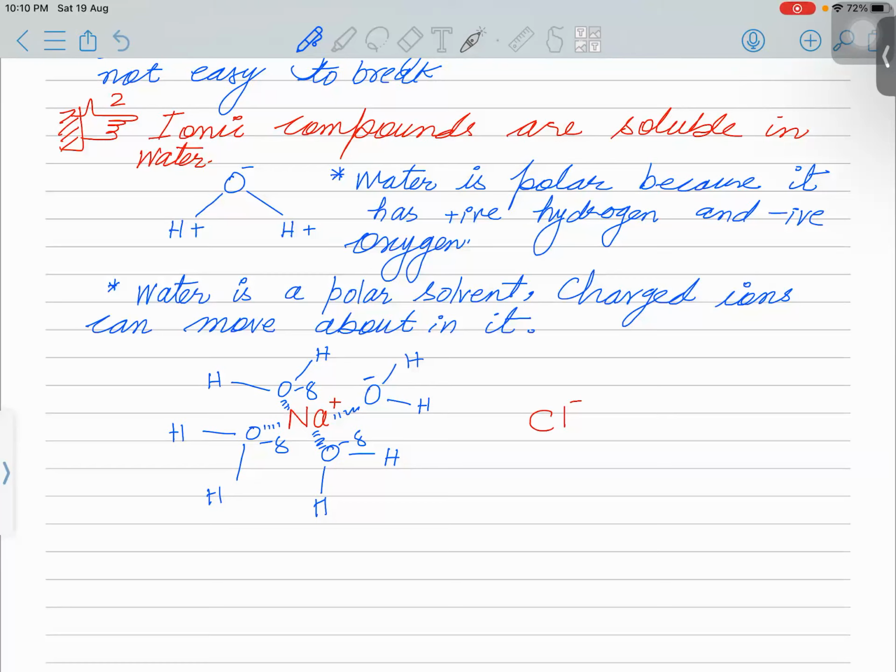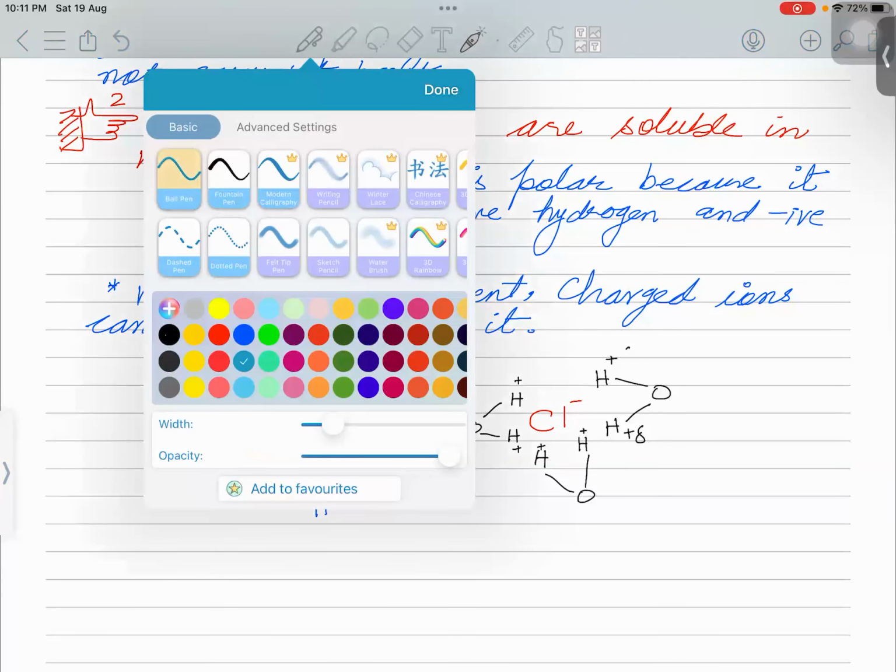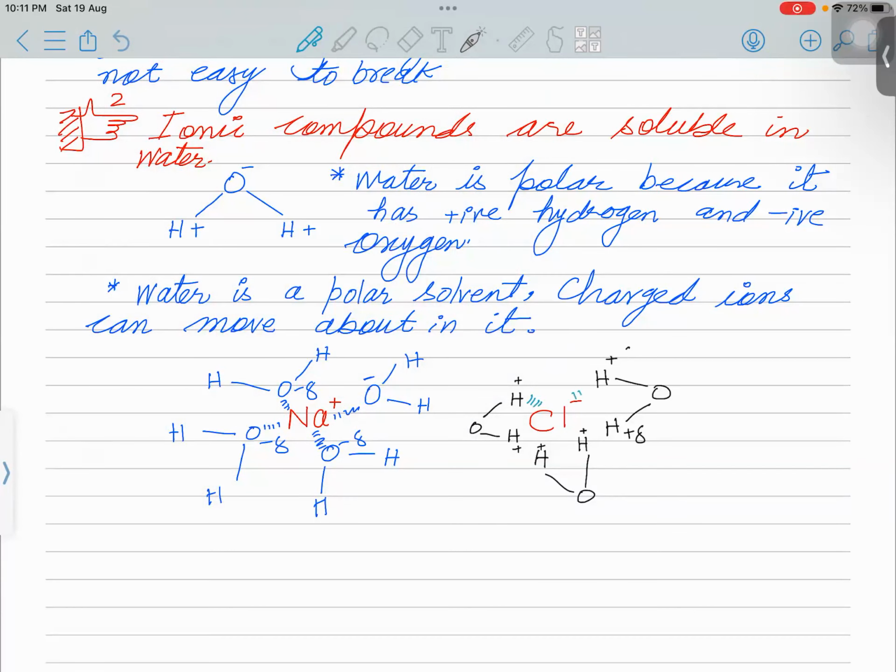So they get dissolved because the charged ions accommodate within the water molecules. Charged ions can move about in it, because the positive ions are attracted by the negative. Exactly.